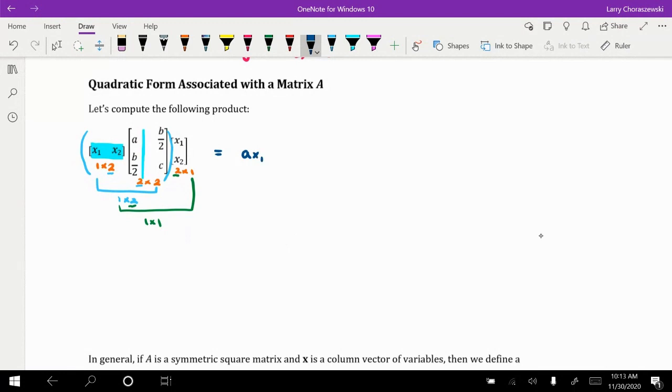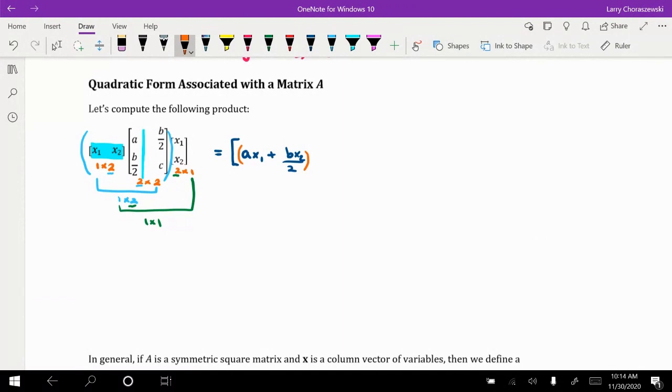And then we multiply x sub 2 to b over 2, and I'm going to write that as bx sub 2 over 2. Now, this is going to be the first entry of a 1 by 2. So to make it look like it's an actual entry versus 2 columns, I'm going to put parentheses around it.